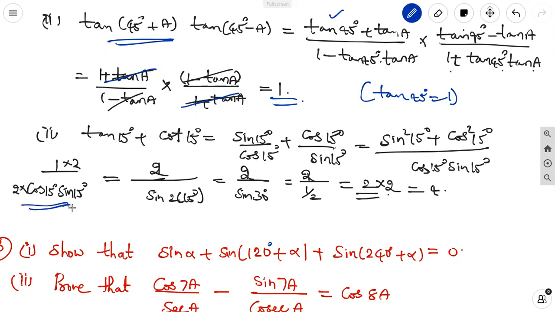It goes to 2 sin A cos A equal to sin 2A. This is sin 30 degrees. Why? Because 2 15s are 30 degrees. We know that sin 30 degrees value is 1 by 2. Again, we are getting 2 into 2 equal to 4. This way we can do this type of problems. Just all problems depend on the basic formulas.